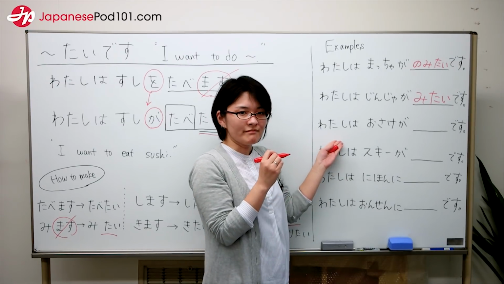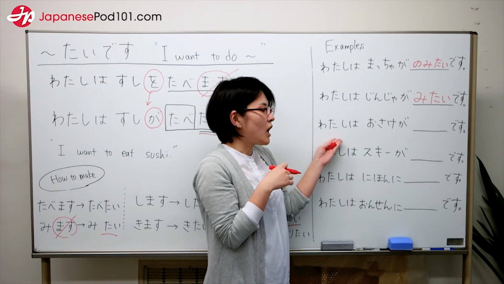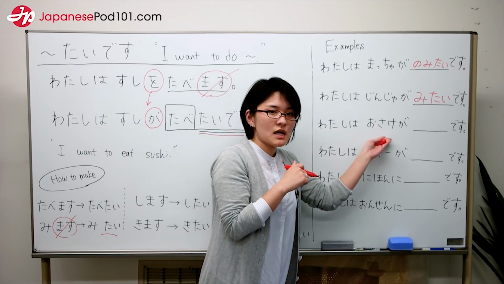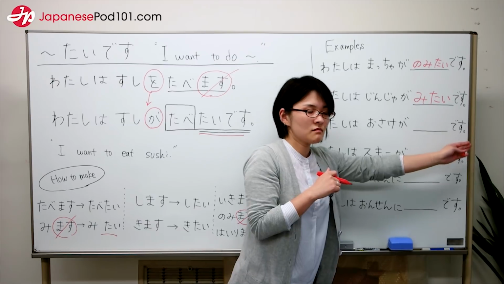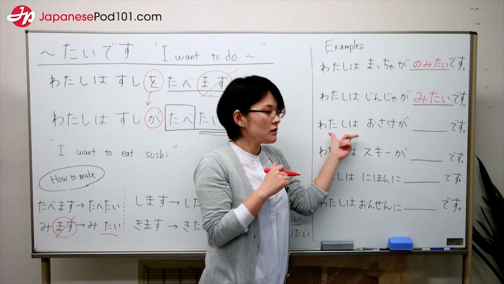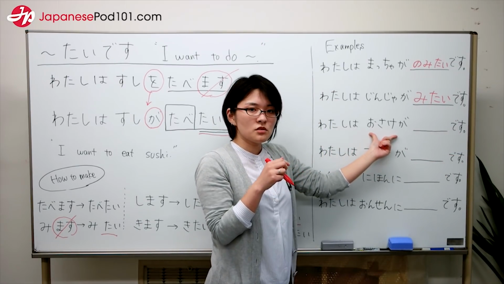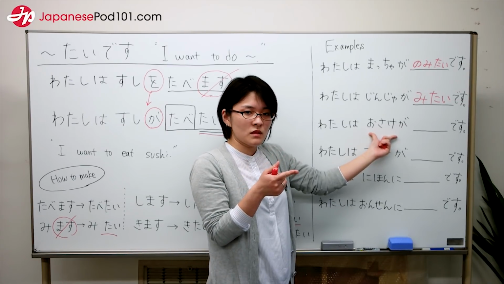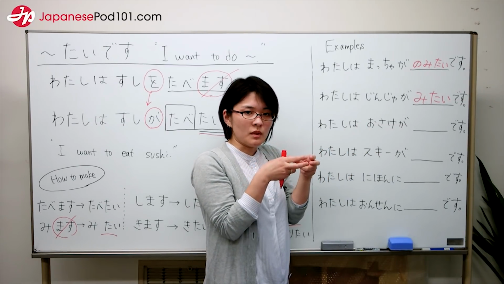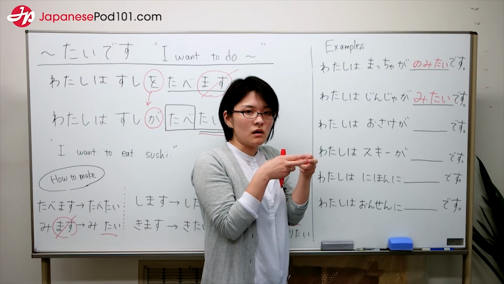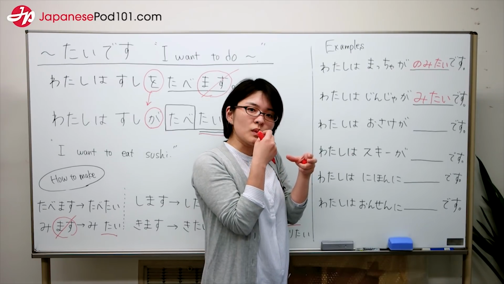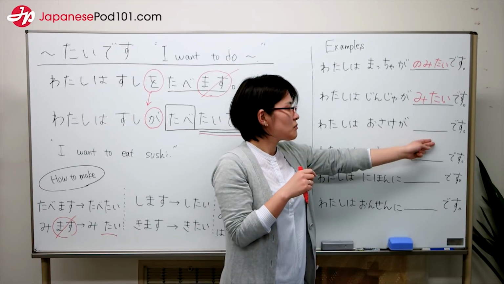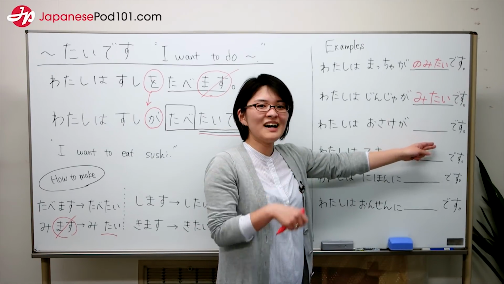The third one, for adults. I want to drink sake, rice wine. 私はお酒が something です. So 私は is the same part. お酒 is usually translated as rice wine or just sake. It's one of the Japanese alcohols made of rice. It tastes sweet but really strong. So the missing part is to drink.